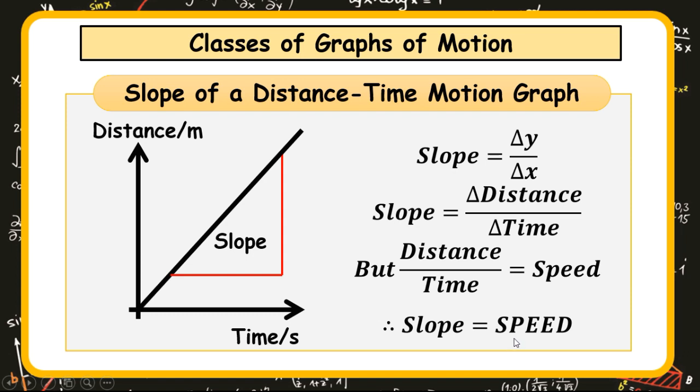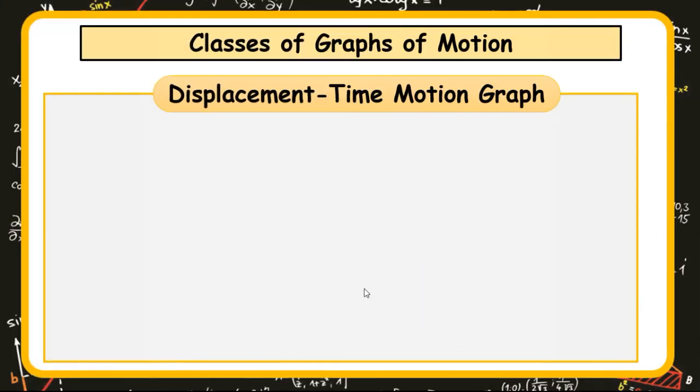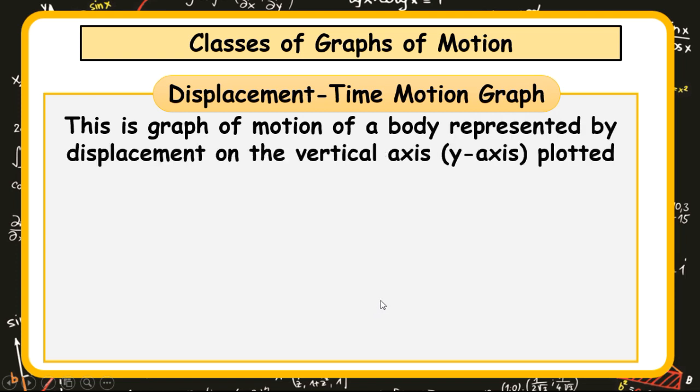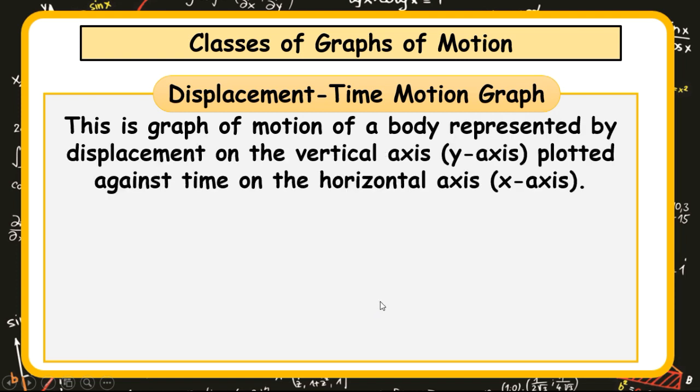Taking the next graph of motion, which is the displacement time motion graph. It is also a graph of motion of a body that is represented by displacement on the vertical axis plotted against time on the horizontal axis.